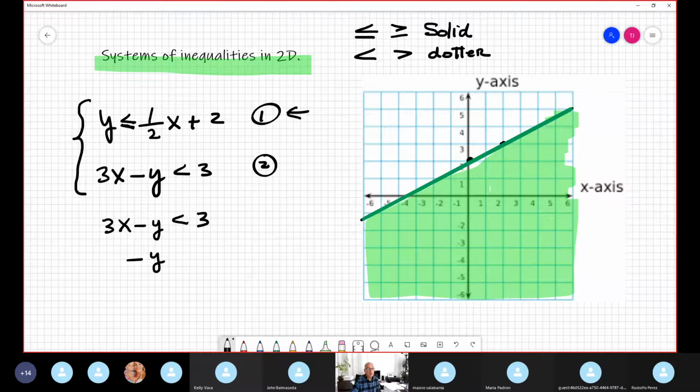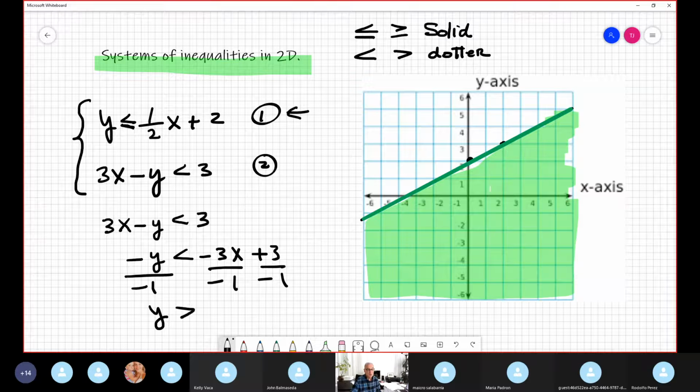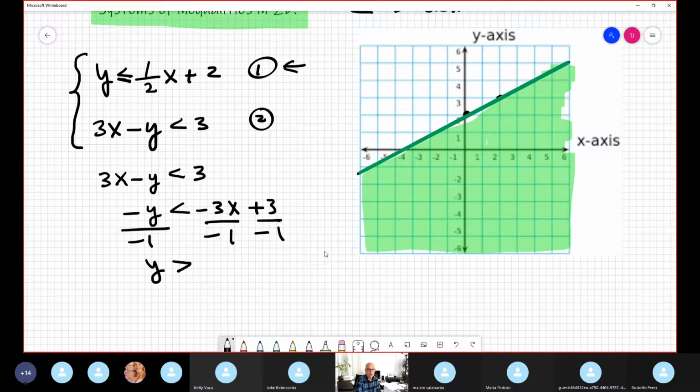Minus y less than minus 3x plus 3, divided by negative 1 because I want positive y, not negative y. Y positive is greater than. Remember, when you divide by a negative number in an inequality, you reverse the sign. It is 3x minus 3.